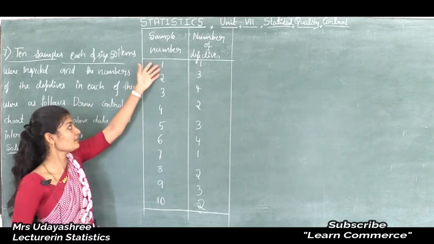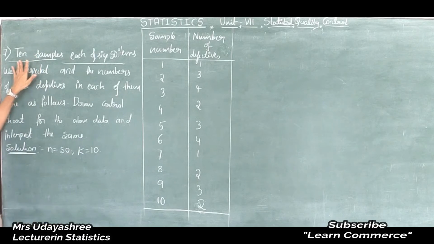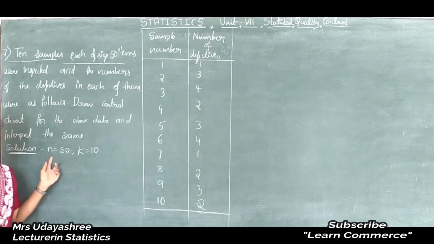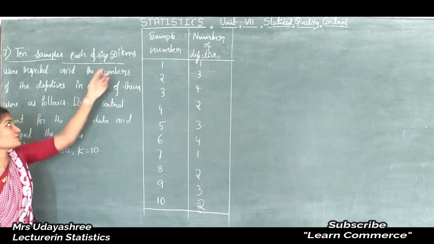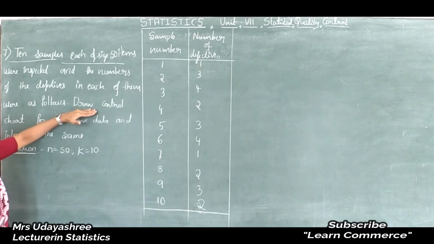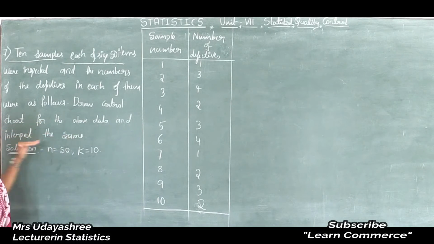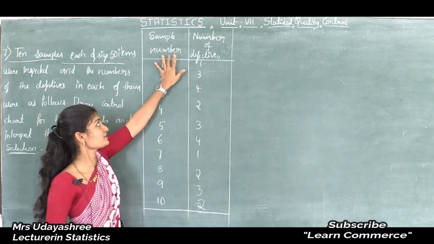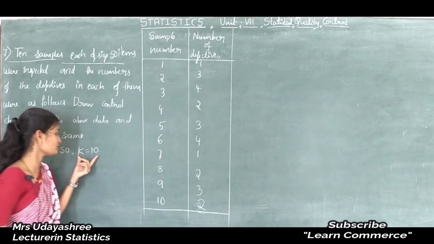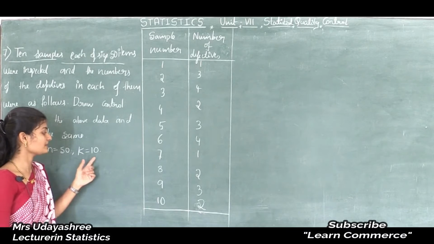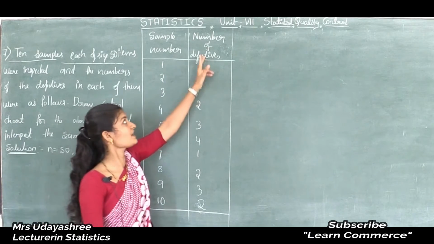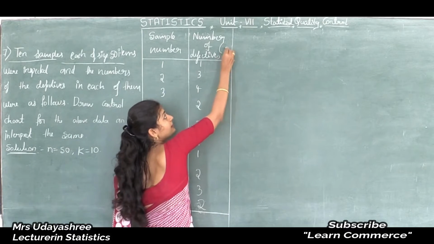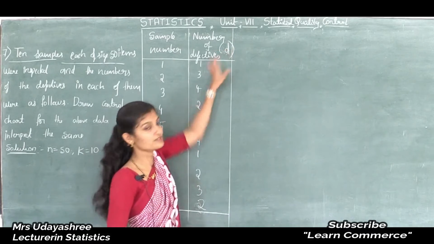Sample numbers are 10, right? Sample size is denoted by small letter n, and here the given observation is 50. What we need to do is draw control charts for the above data and interpret the same. The given information is: k, the sample number, is 10, and one more column is given, the number of defects, which is denoted by D. So D observations are given.